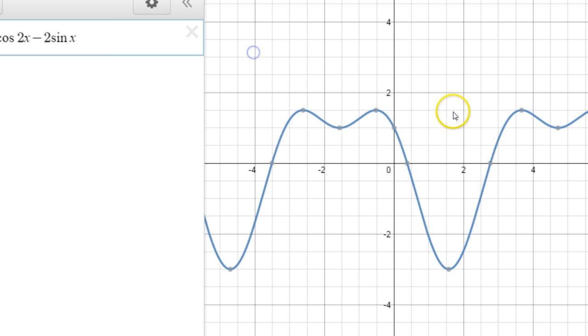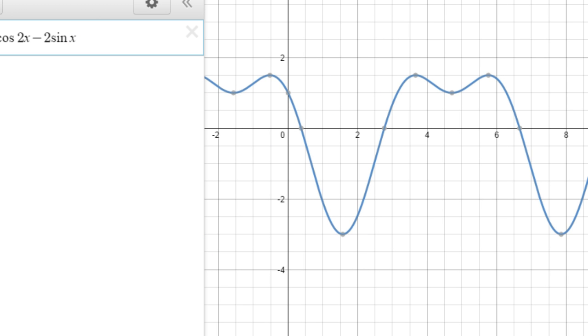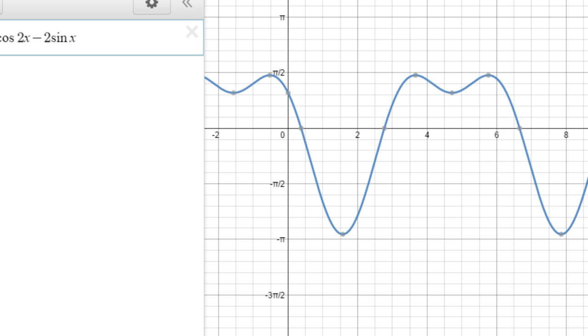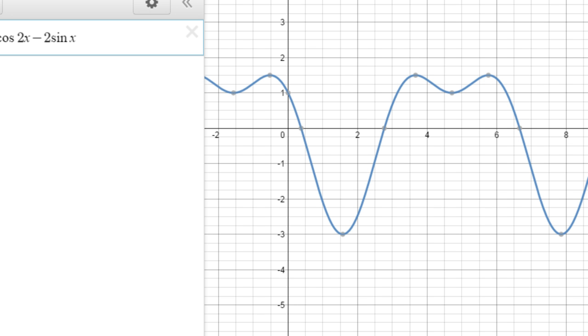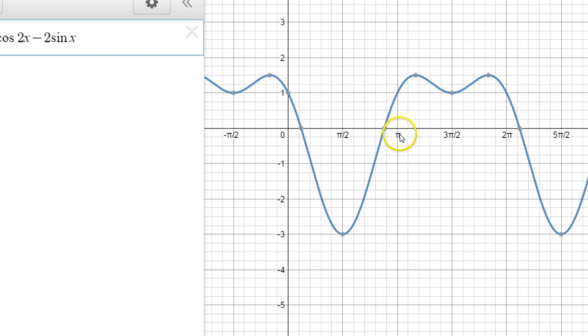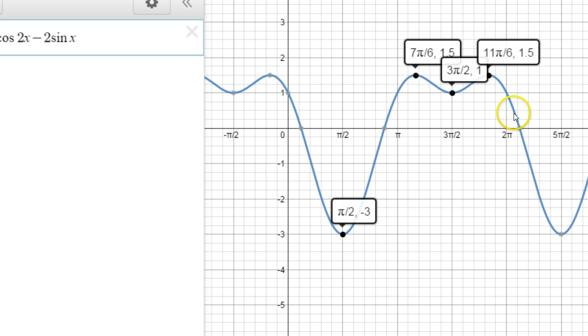Okay, well, we'll just look at it here. So what we're going to do is convert the x-axis to pi. We'll only go from here to these points, and pretty much it's going to stop right here.